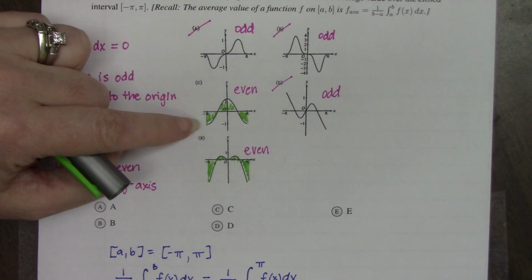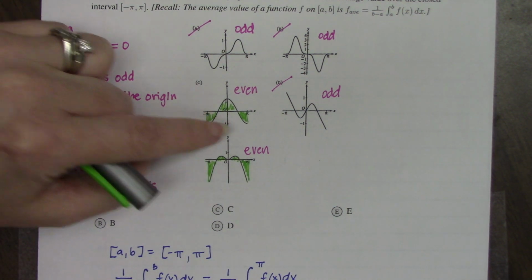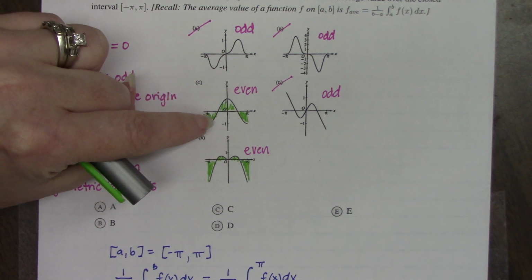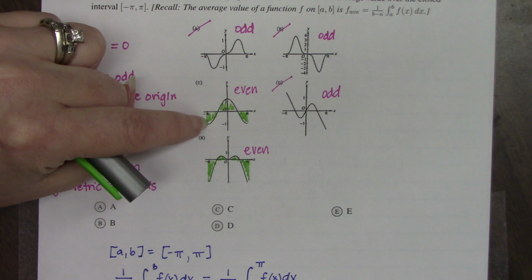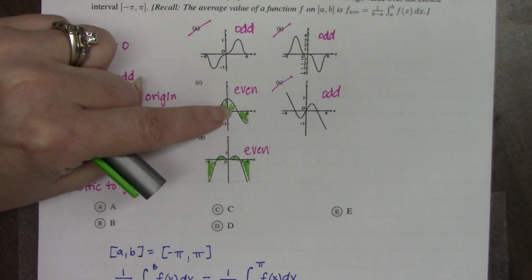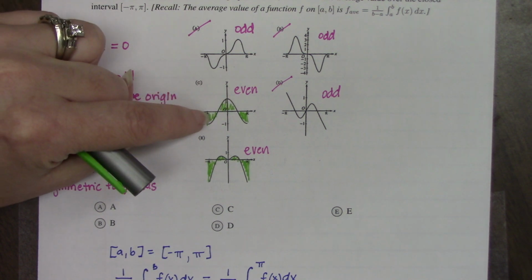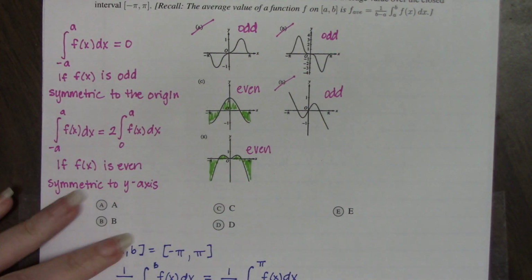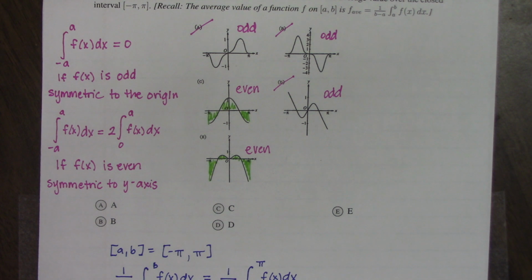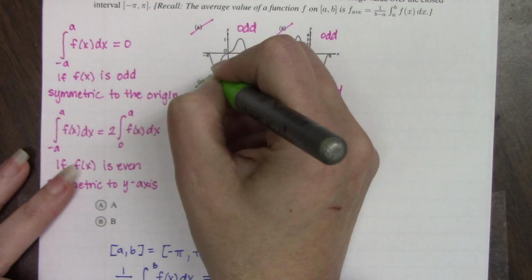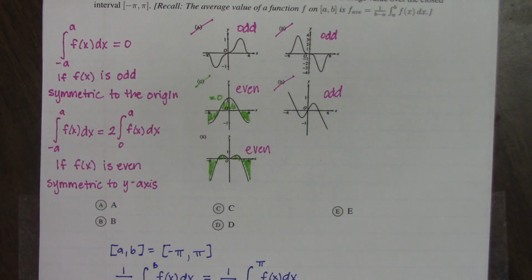So if we look at this graph, well, this is clearly a cosine wave. And we can see that this is exactly the same size as this. This is negative area, this is positive area, this is positive area, this is negative area. We have exactly the same amount of positive area as we do negative area. And so this area is going to end up equaling 0, so we can eliminate it.